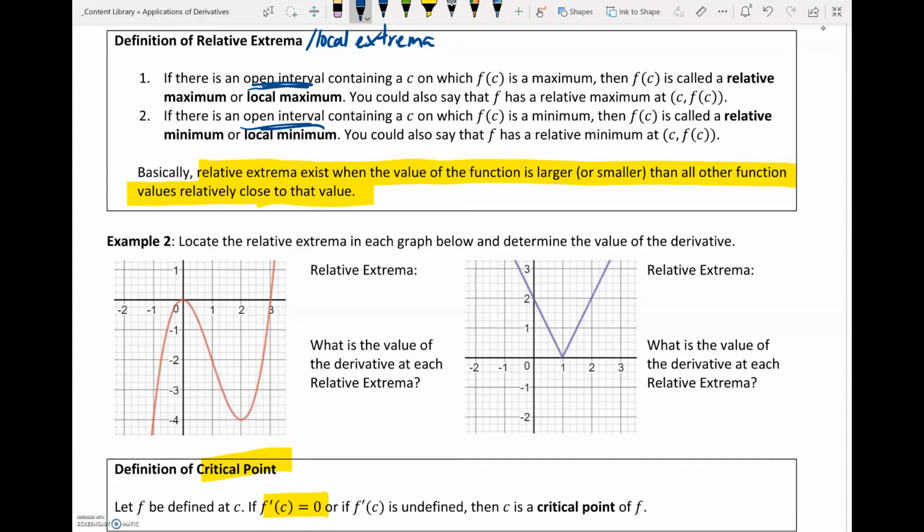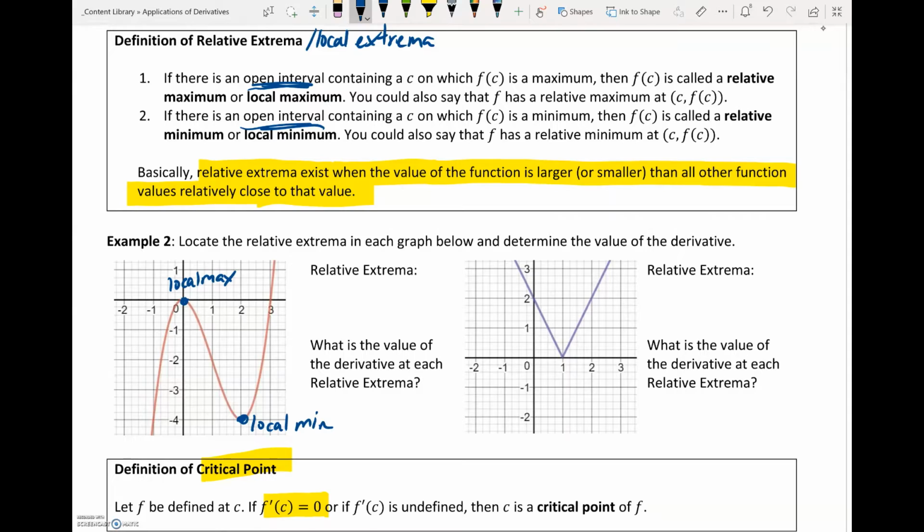So for this first graph on our left side, we're looking for a local max and a local min. In this picture, this looks like a local max, or relative max. But is it an absolute max? No, because there are going to be higher y values in this function. Then your local min looks like it's going to be down here.